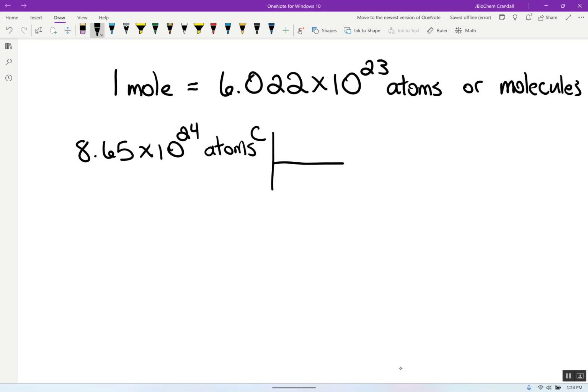Well, then we want to convert from atoms to moles. Okay? And so I need this conversion factor. There are 1 mole for every 6.022 times 10 to the 23rd atoms. Okay? And so then you can see here the atoms will cancel. I'd be left with my moles.